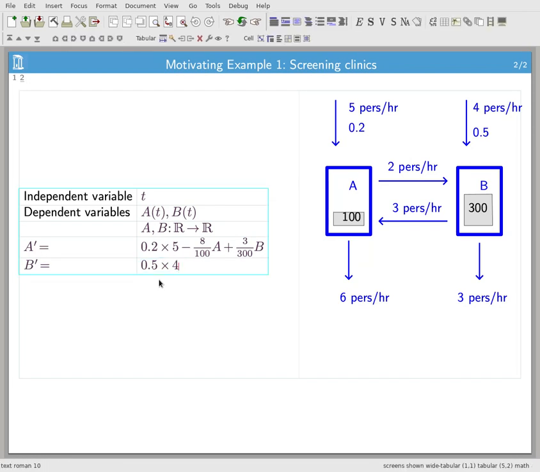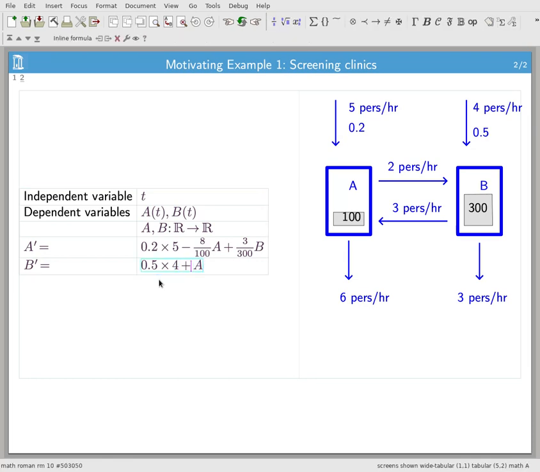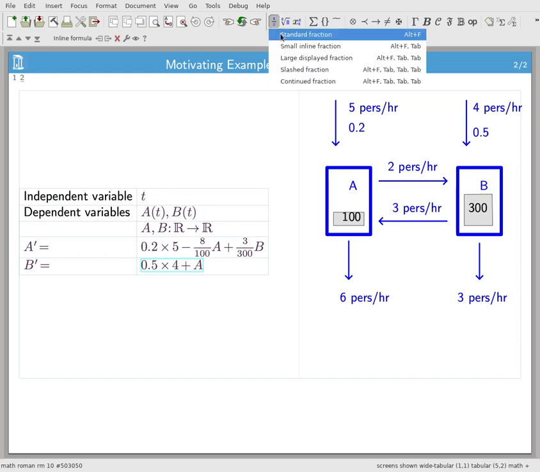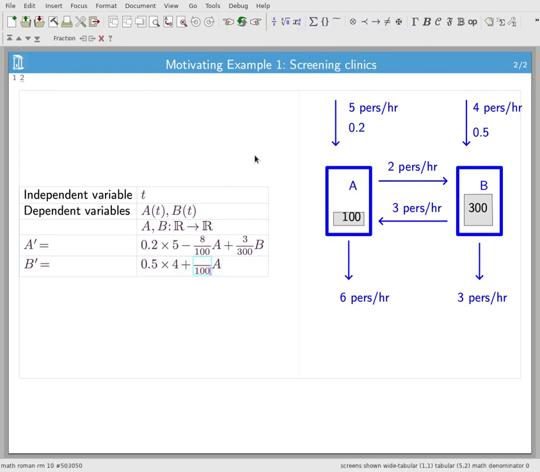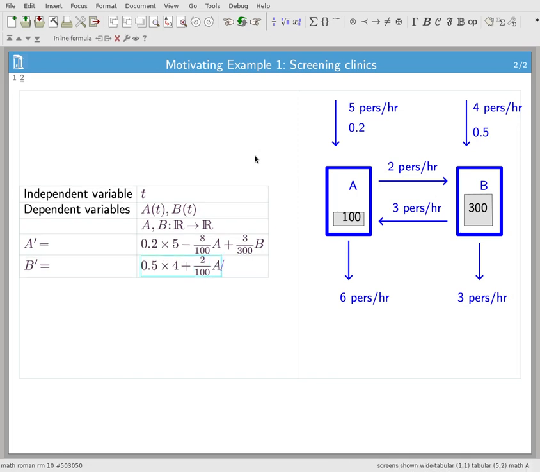Then we're going to have people coming in from clinic A, which, as you recall, has a capacity of 100, and the rate at which they're coming in is 2 persons per hour. And we also are going to have people going out of clinic B. There are 300 people capacity in clinic B, and the total flux going out is about 6 persons per hour, and this is going to now close the system for this particular scenario.